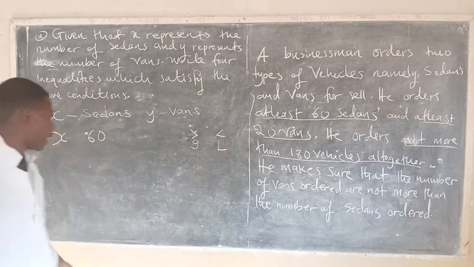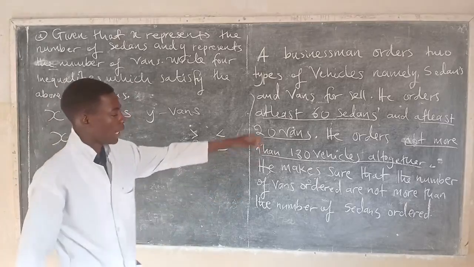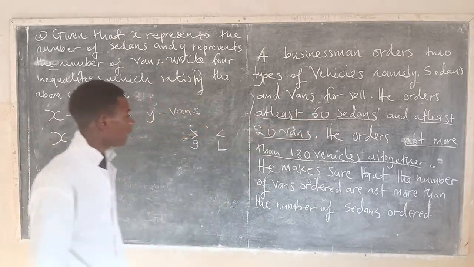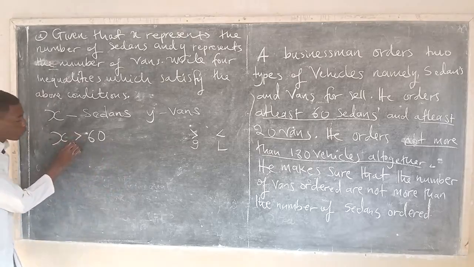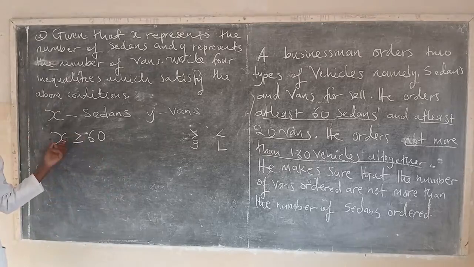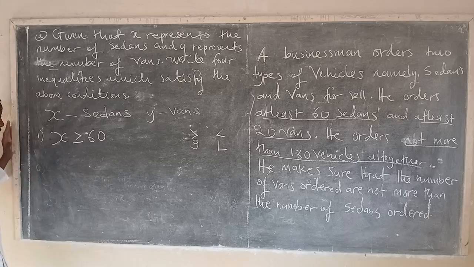With that, we should be able to understand and apply. So at least 60 sedans: at least means greater than or equal to. So we are just going to say X greater than or equal to 60 as our inequality number 1.